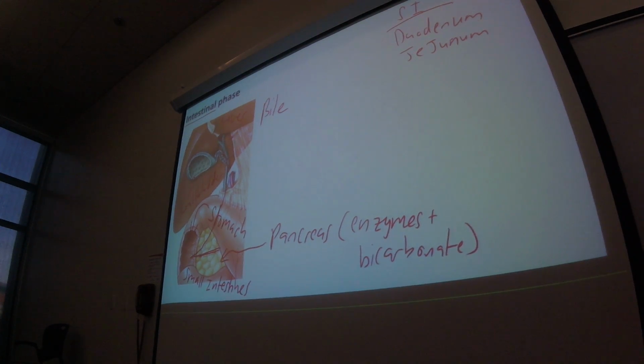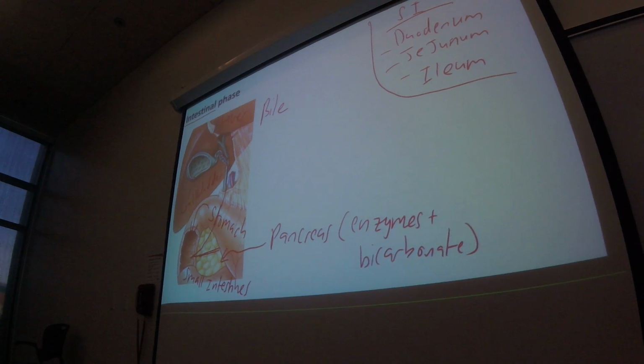Spelling doesn't count in physiology. They're not equal in length. The ileum is much longer than the other two parts, and they have different anatomy at the molecular level. If you just look at the intestines, you're not going to really know the difference between these three. But yeah, no problem. So the pancreas will put in enzymes and bicarbonate.